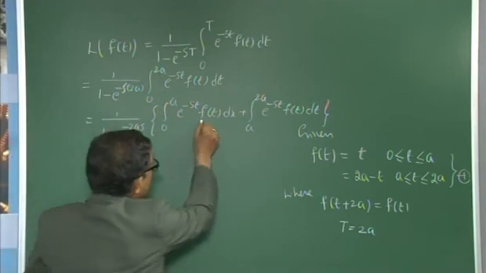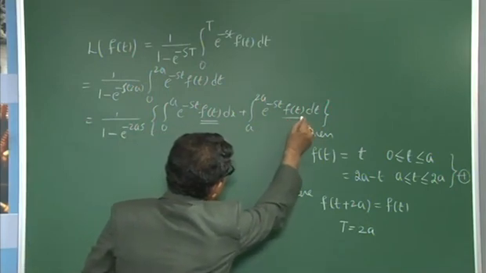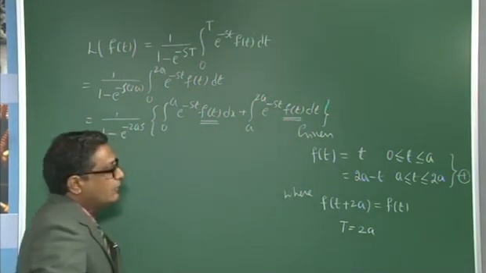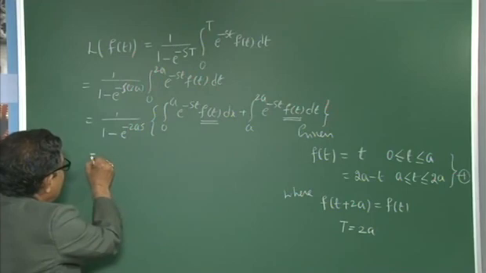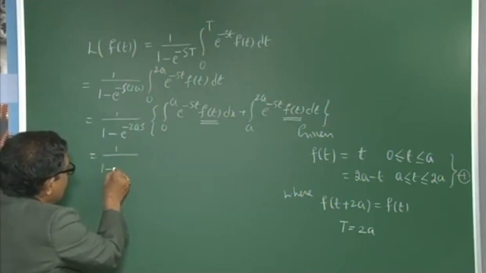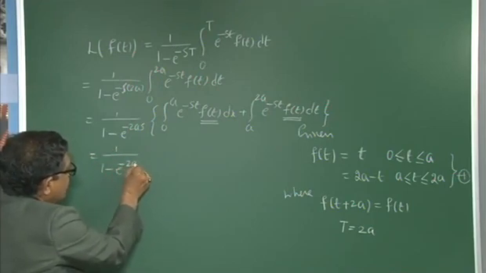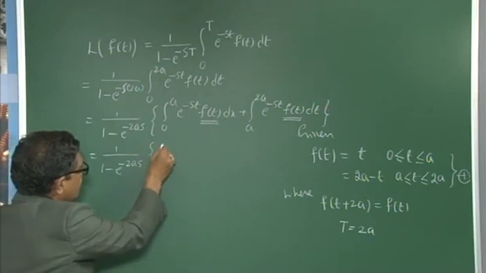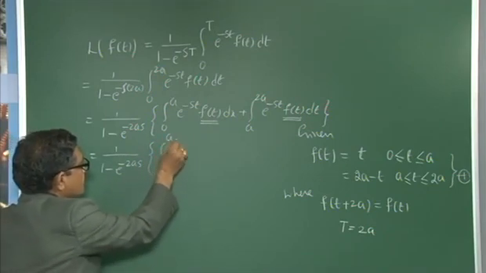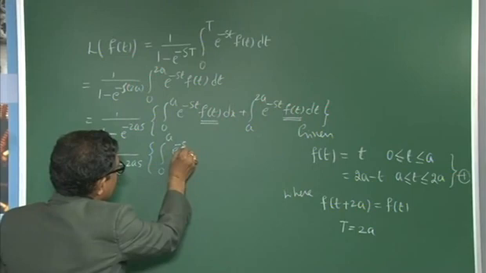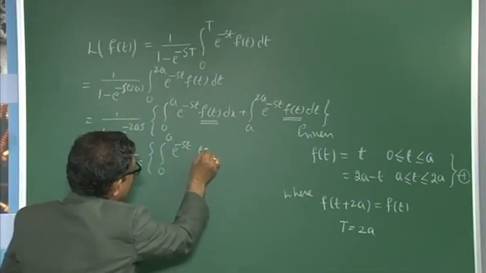Now you have to substitute the value of f of t in the given interval. Now it is 1 divided by 1 minus e raised to minus 2as integration 0 to a e raised to minus st into t dt.